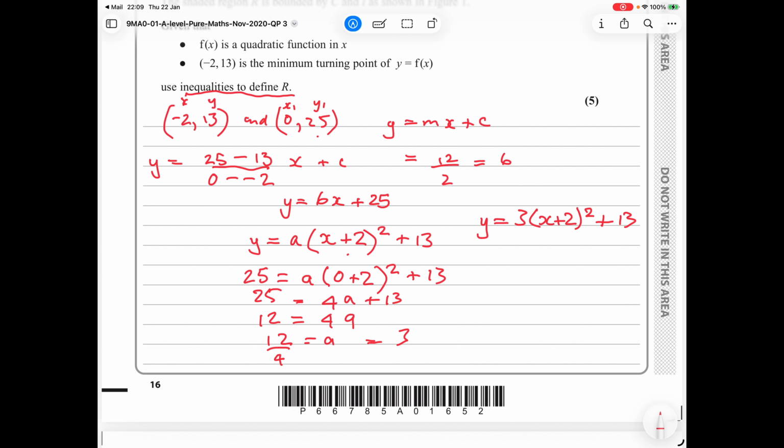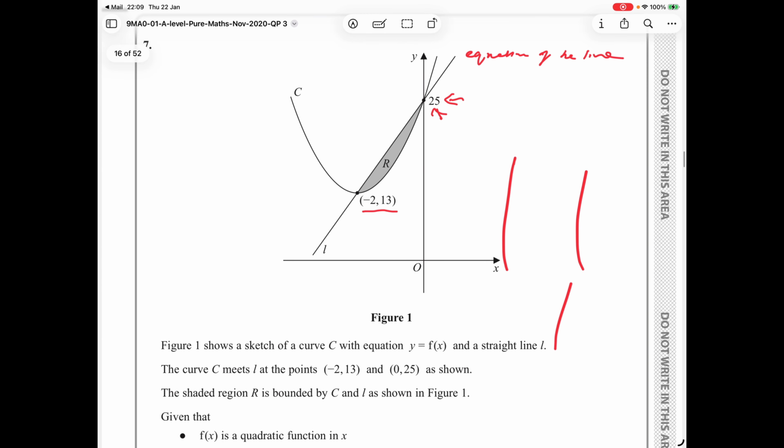And now we know the 2 things that we know, as it were, we can now put them into some kind of inequality. So this area here, R, is under y equals 6x plus 25.